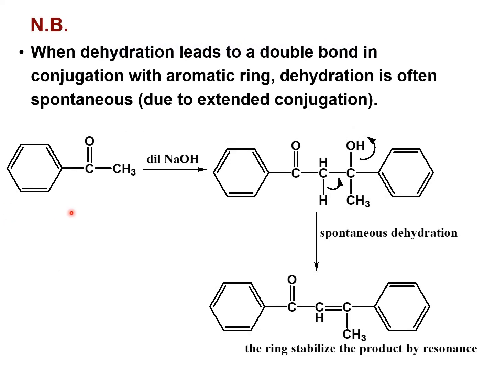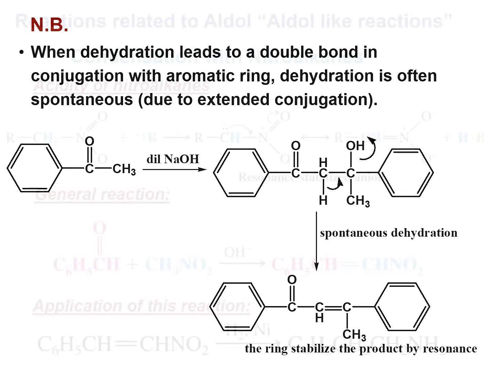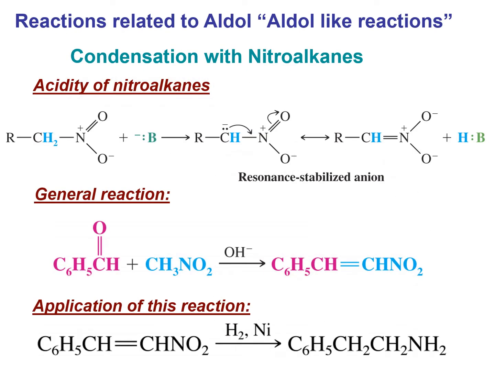And as we said, if you have a benzene ring attached to your carbonyl, the dehydration is a spontaneous reaction because the double bond is in conjugation with the benzene ring. And we said that the application of this reaction is reactions of nitroalkanes with different aldehydic compounds.